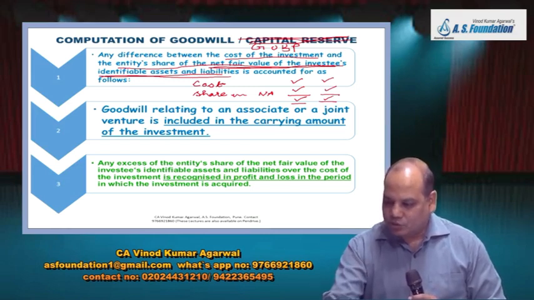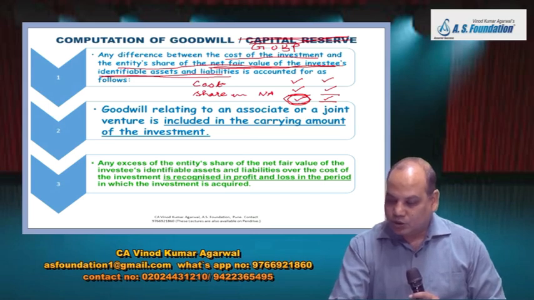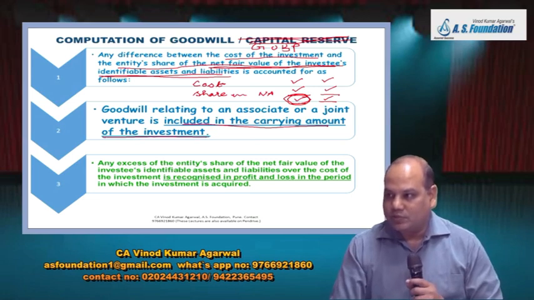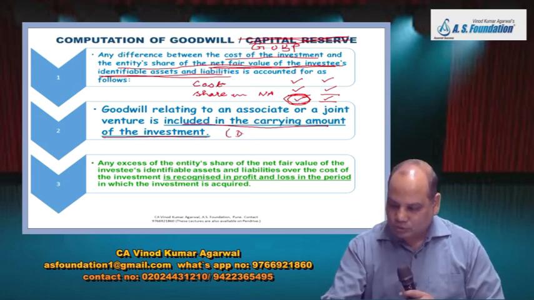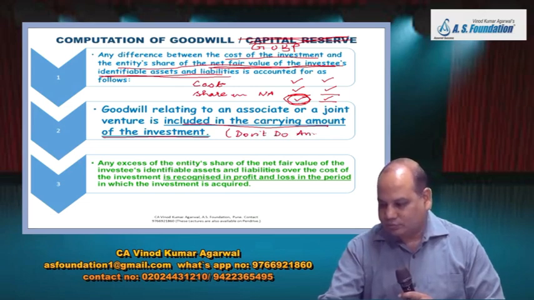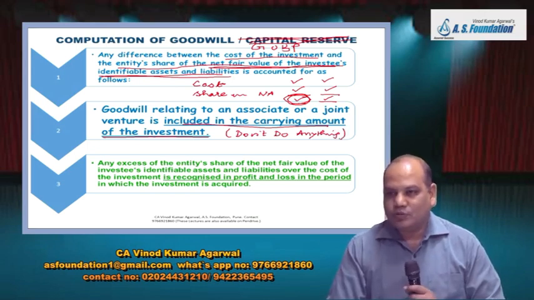If it gives rise to goodwill, then it will be included in the carrying amount of the investment. Then what do we have to do? Don't do anything. Don't disclose also. No disclosure of goodwill in case of associate and joint venture.